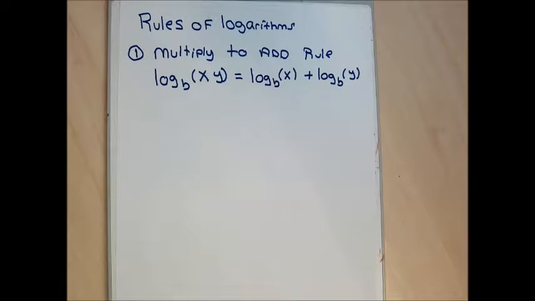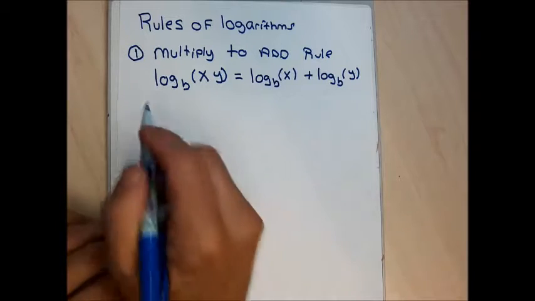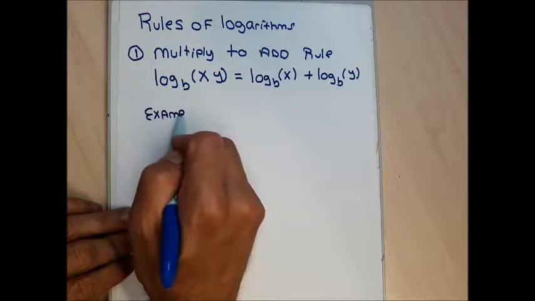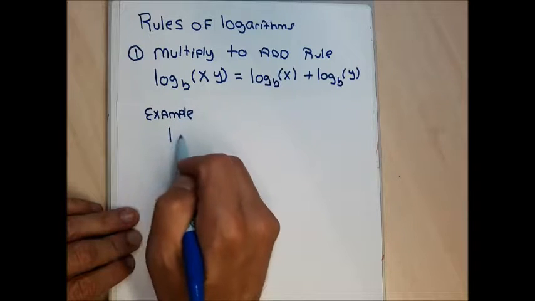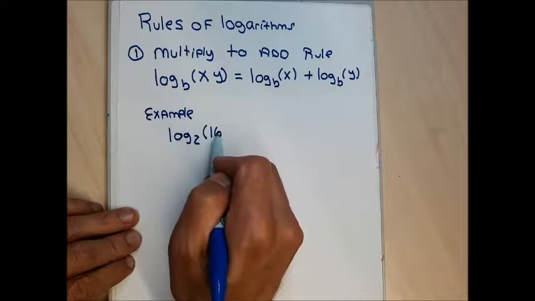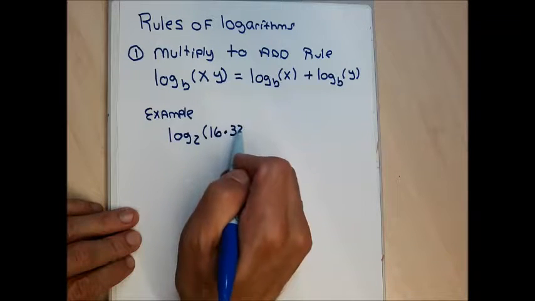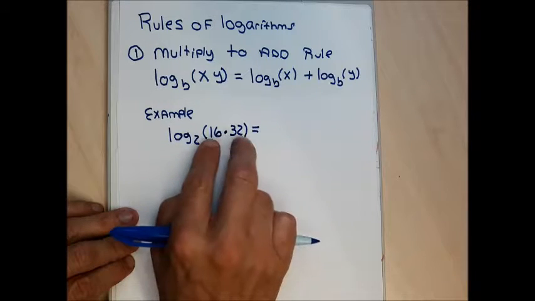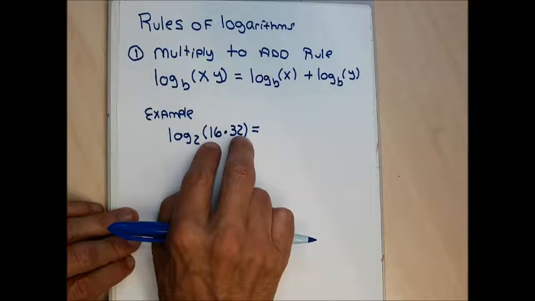Let me show you real quickly, or maybe not so quickly, what I mean. So here's an example of this rule that I can do on my calculator. If I had the log base 2 of 16 times 32, in this case the x is 16, the y is 32, the items that are being multiplied are 16 times 32.